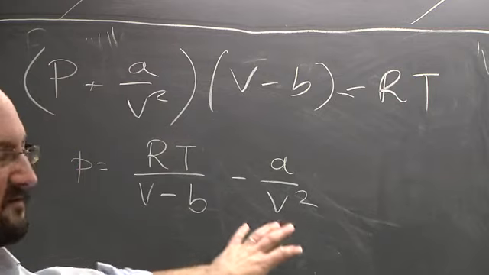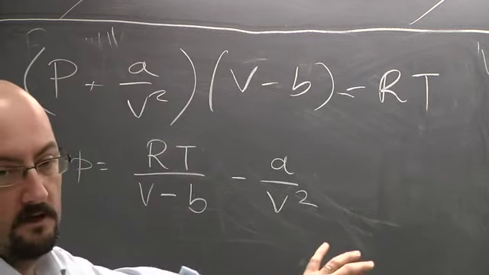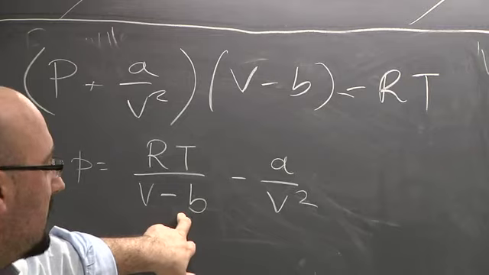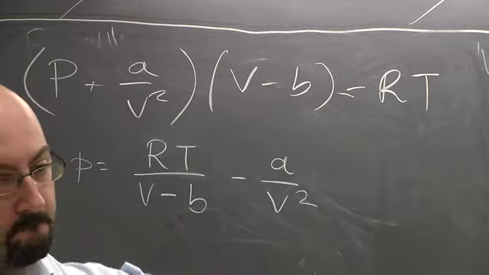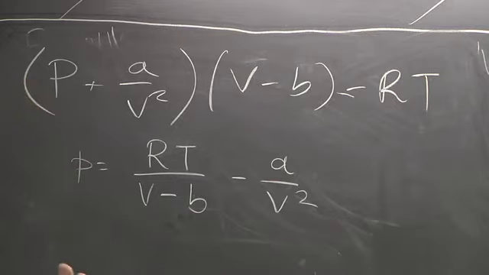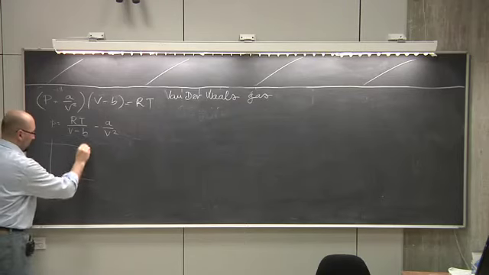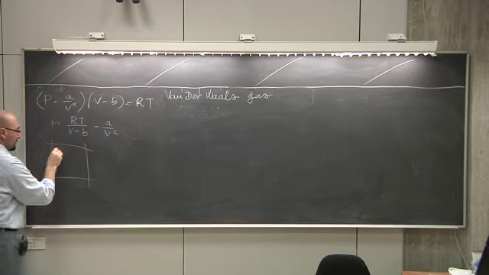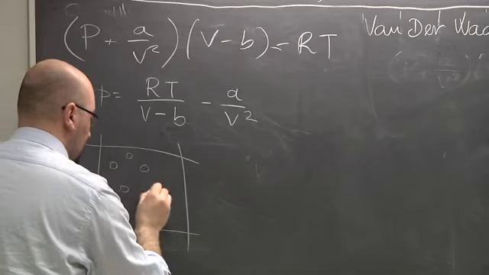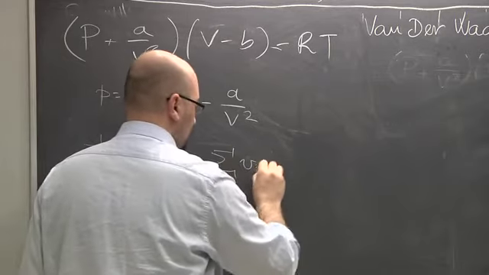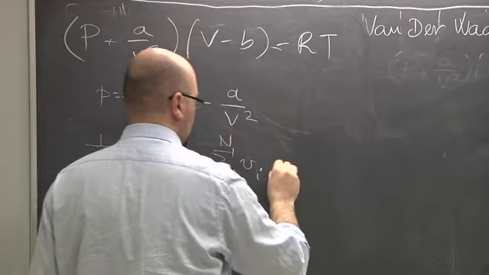If I rewrite this equation in this form, you see what's the intuition behind it. The intuition is that molecules are not really point-like, but they have a dimension. And the volume that counts in my box is not the total volume, but the volume minus the sum of the sizes of the particles. If I sum the small volumes of my particles, then I get B.